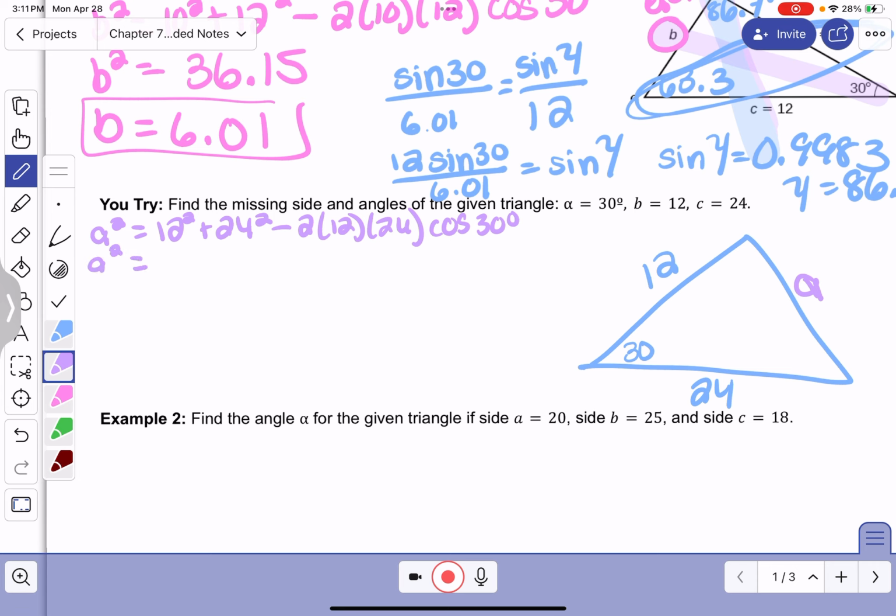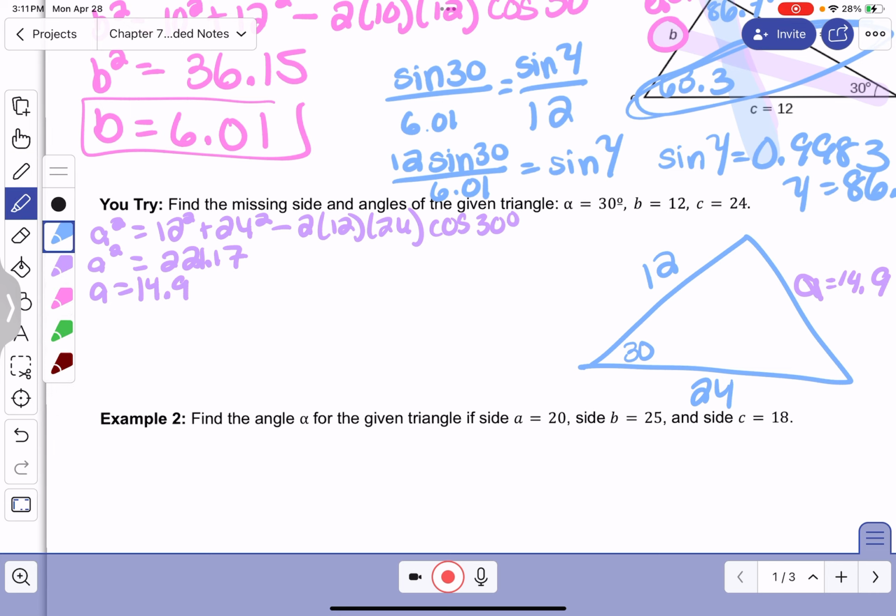If I do that, I get 221.17. And then I take the square root, I get 14.9. So now I have all the sides. Then I can pick a pair. So here's one. Let's do this one.